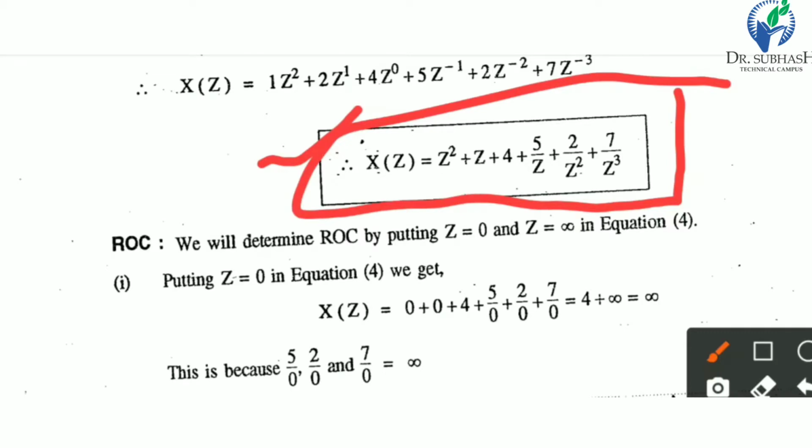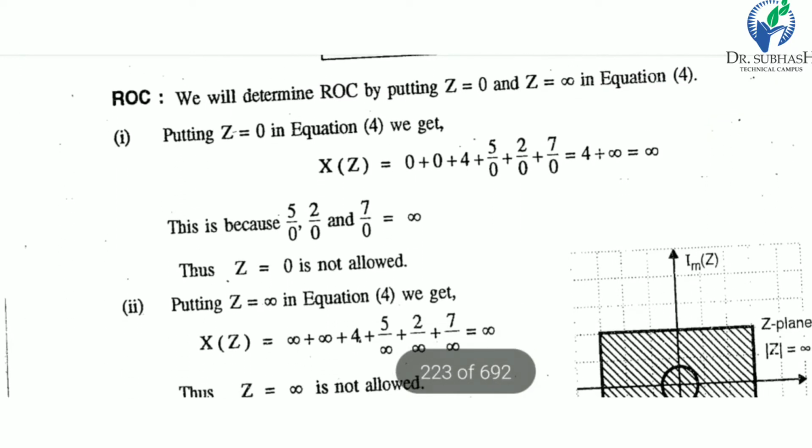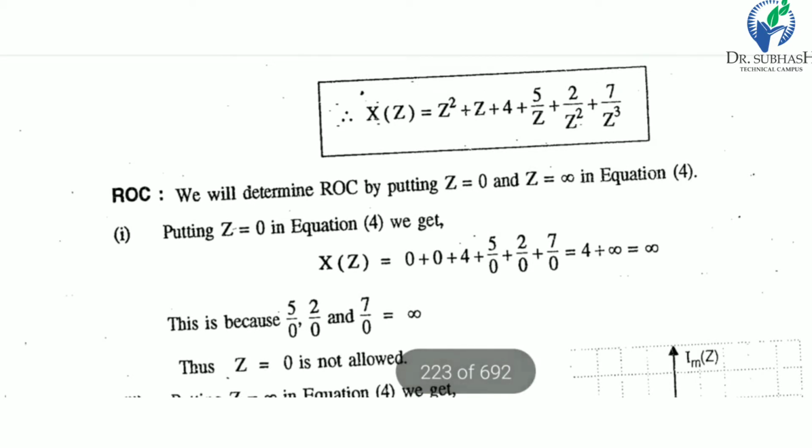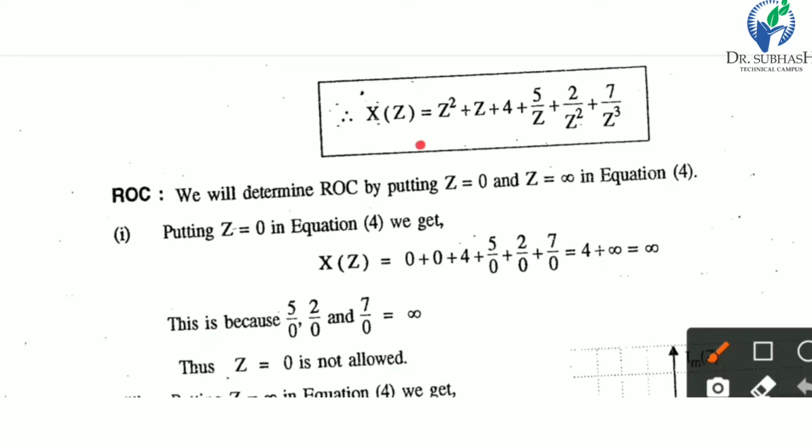Now after getting x of z, we will determine the ROC, the region of convergence, by putting z equal to 0 and z equal to infinity in this equation. First we put z equal to 0. Here z square, if we put z equal to 0, is 0.